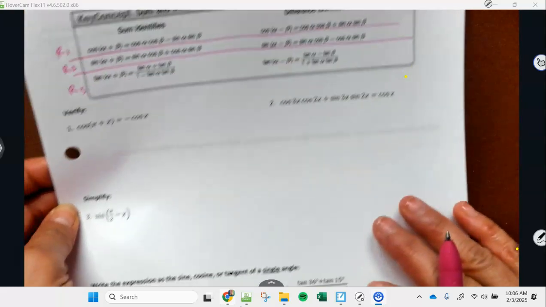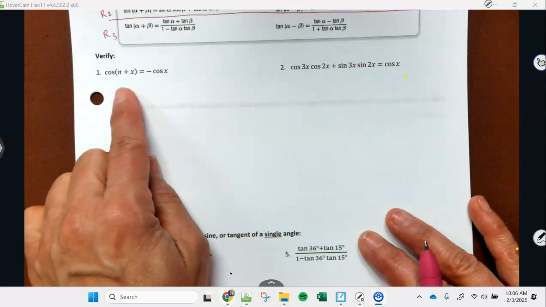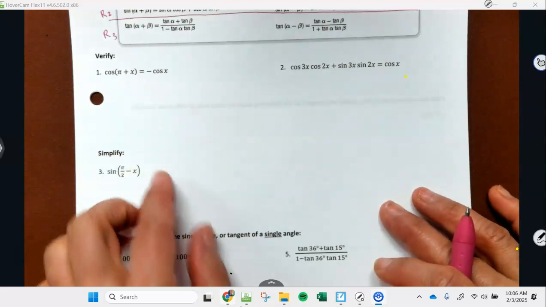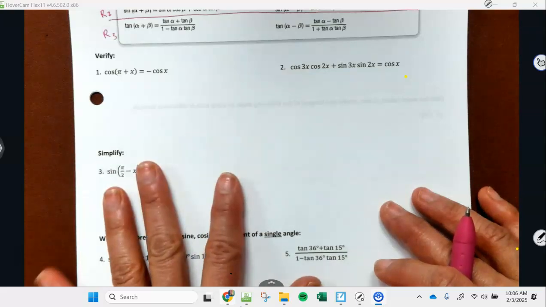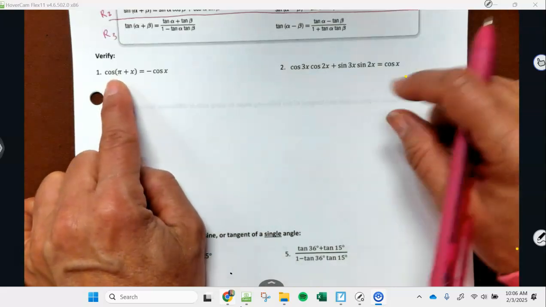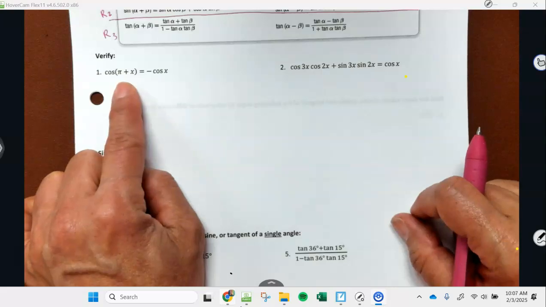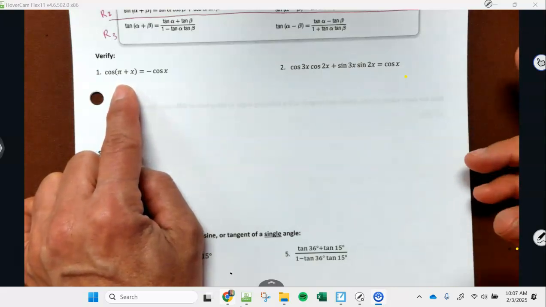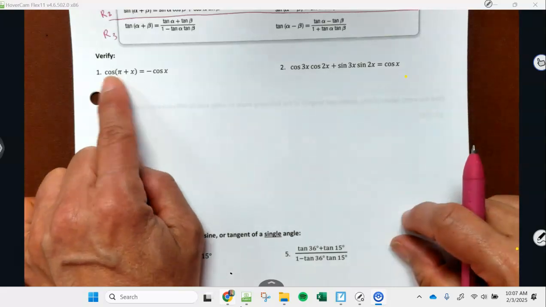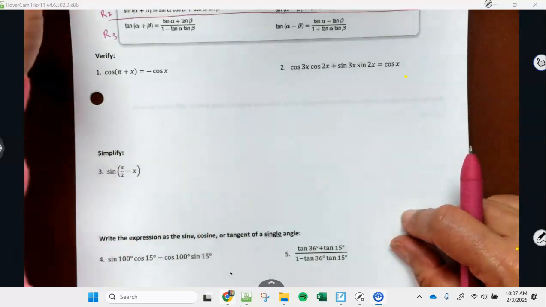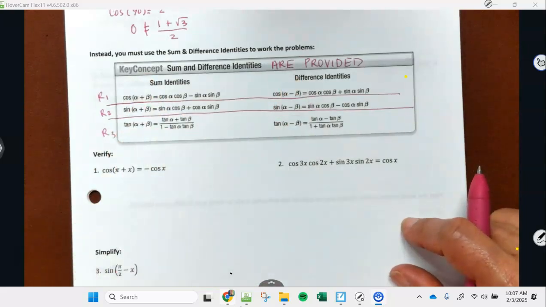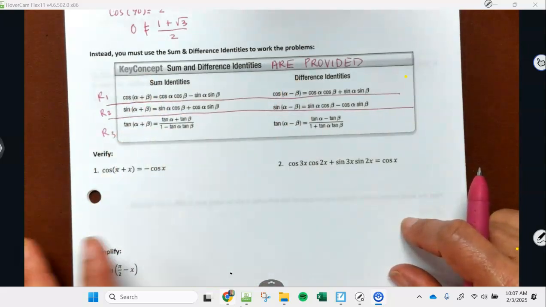All right, here we go. So we are going to verify. In order for me to verify, I need to understand what I'm looking at. I know that I'm looking at a cosine sum identity. I also need to recognize which side of the equal sign it's on. If you notice, there's parentheses. All of my identities have parentheses. They are all on the left-hand side of the equal sign.